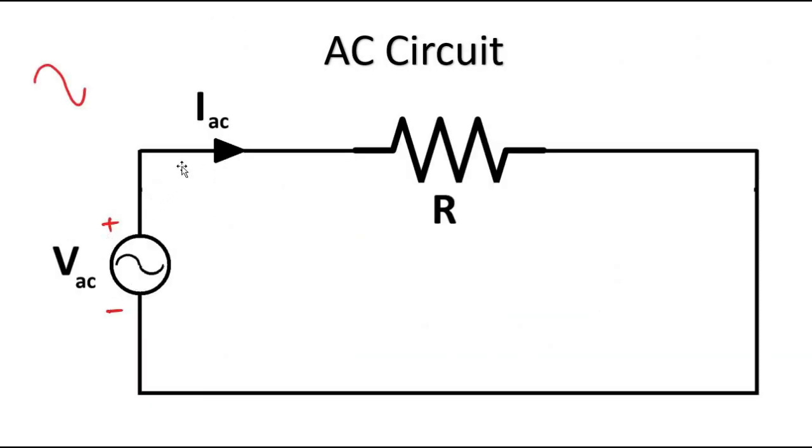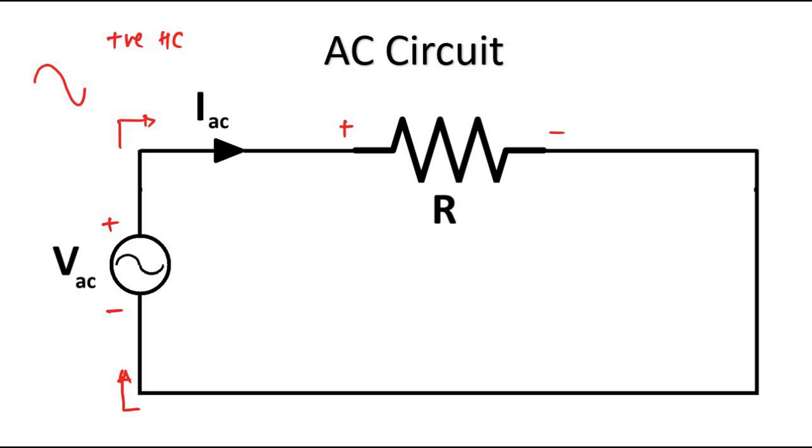So current flows from the positive terminal to the negative terminal because that is the rule. Current starts from the positive terminal of the supply and terminates on the negative terminal. So current flows in this direction. This is the positive half cycle analysis.